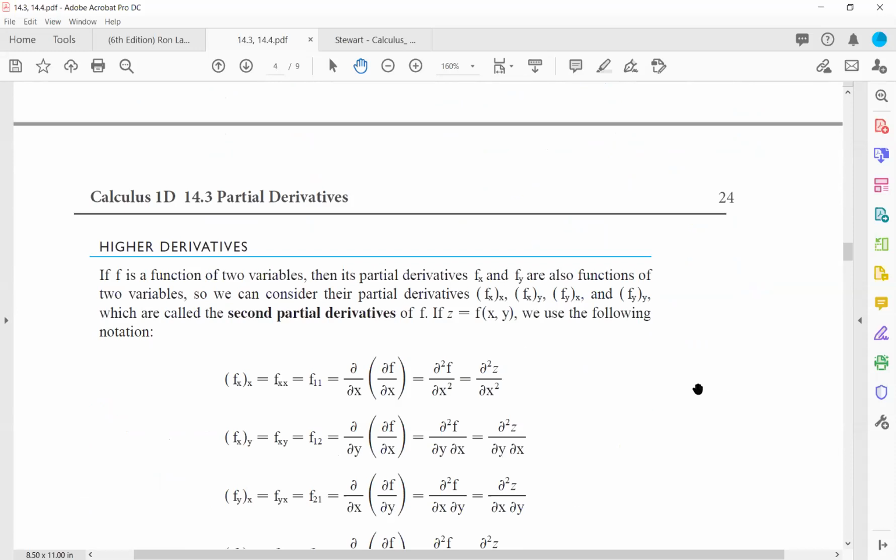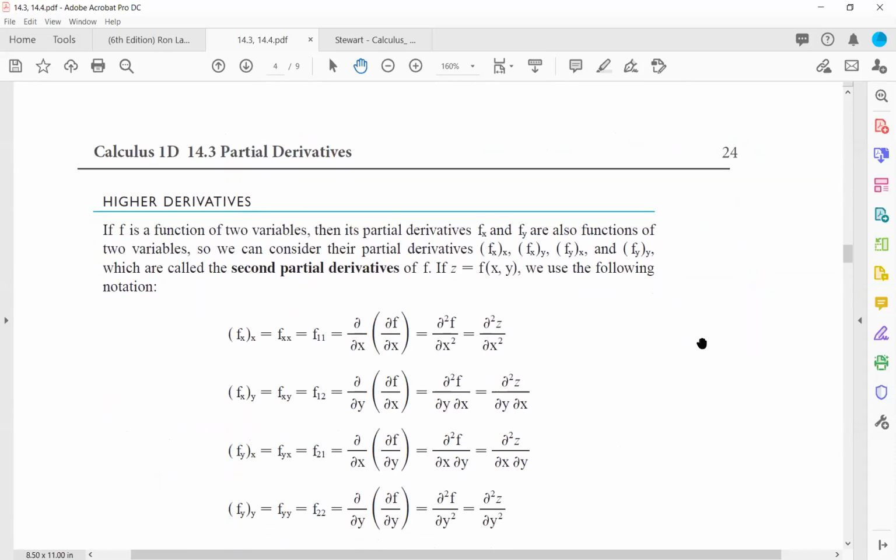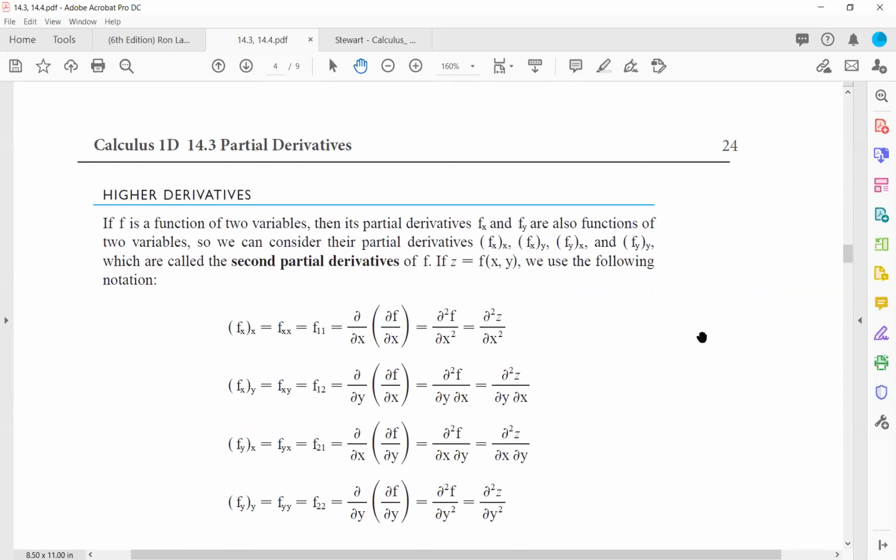I expect you to ask, how do we find second partial derivatives? To find the second partial derivative of the function, denoted by the partial derivative of f with respect to x, you take the partial derivative with respect to x again.